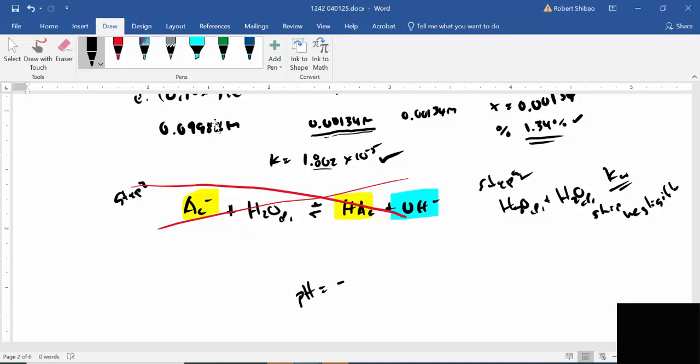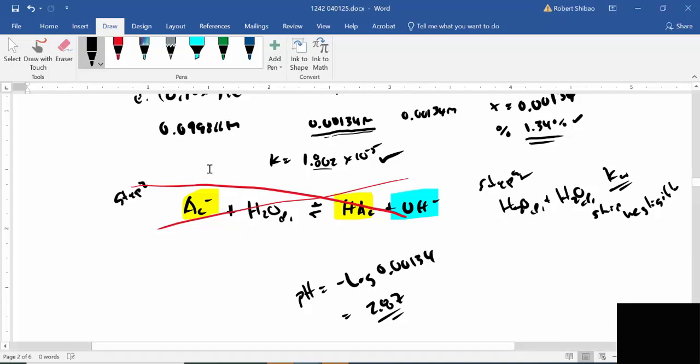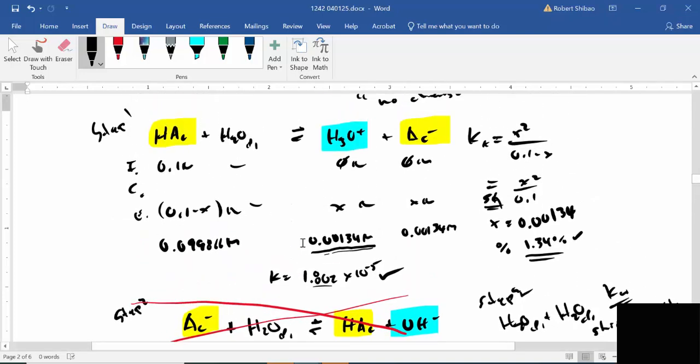So the pH is equal to the negative log of the 0.00134, which comes out to 2.87. But why is it so far off?